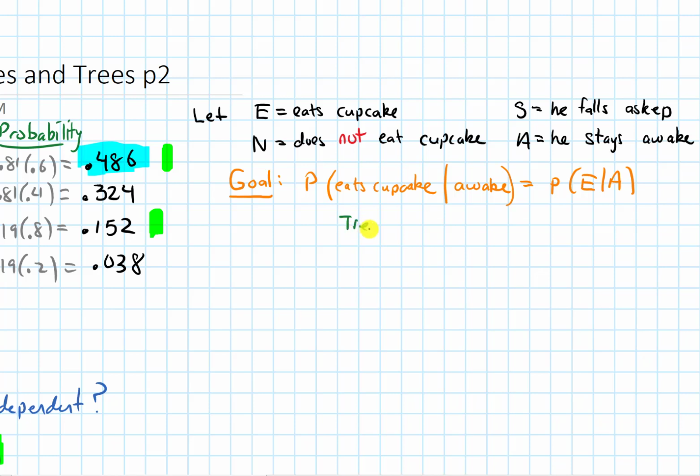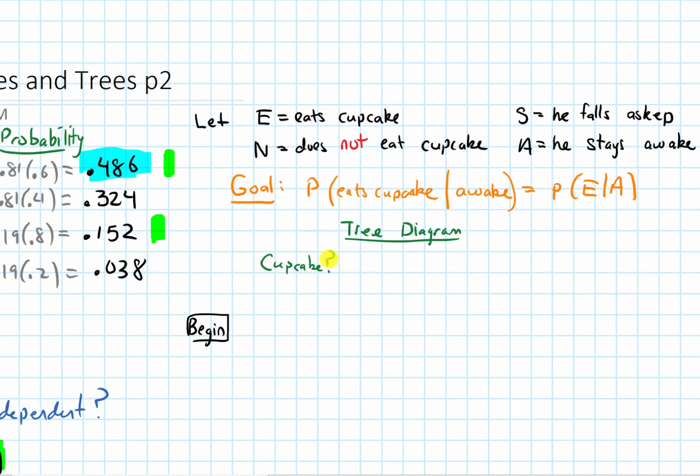Next, let's make a tree diagram to represent this experiment. There are 2 stages to this. There's the matter of whether he eats the cupcake or not, and the matter of whether he falls asleep or not. And then after that, I'll write down the outcome and the probability.